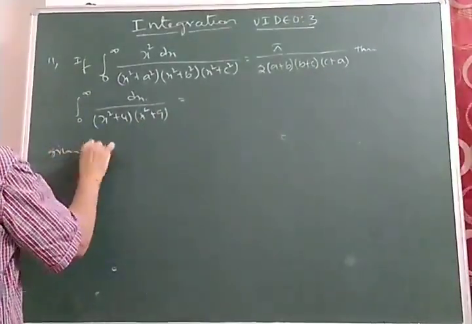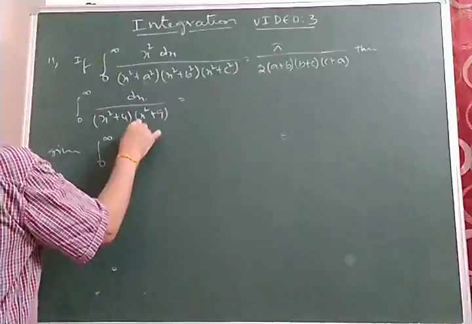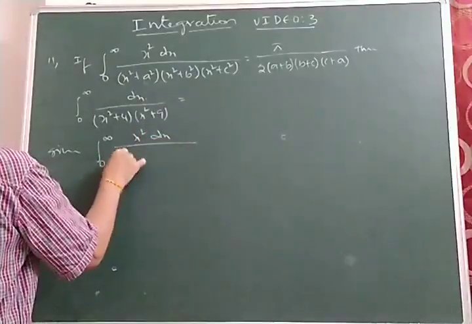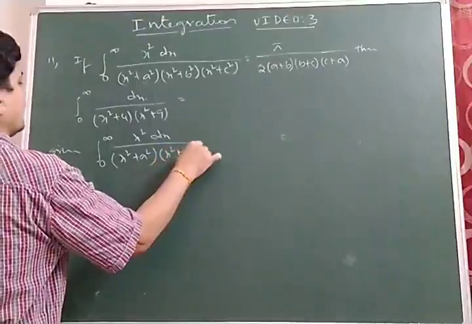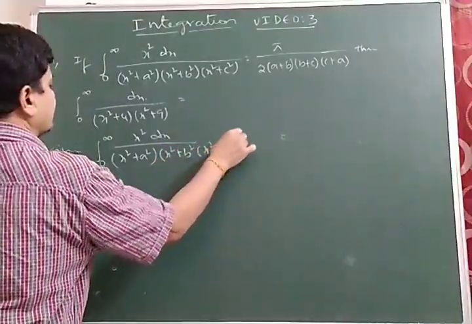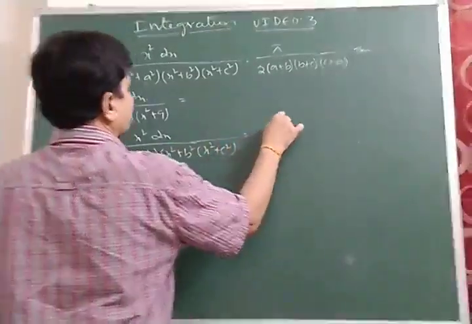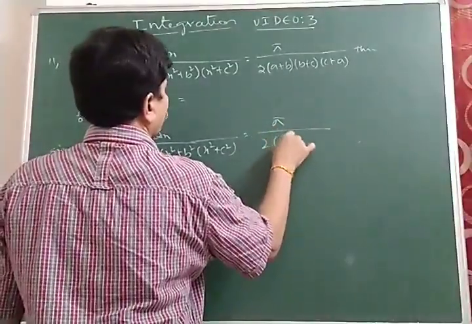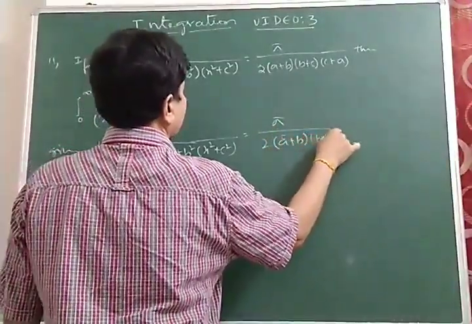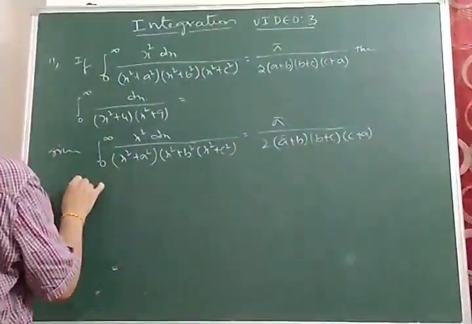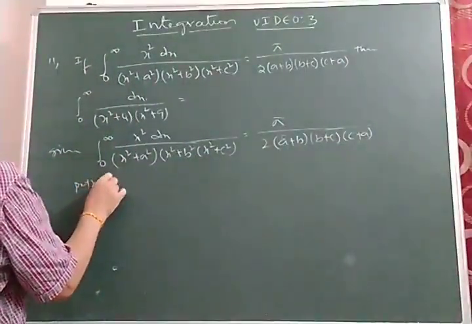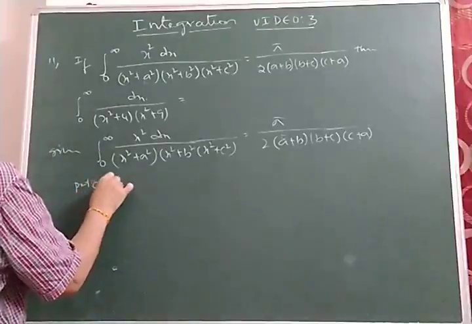Given the integral, put c is equal to 0.